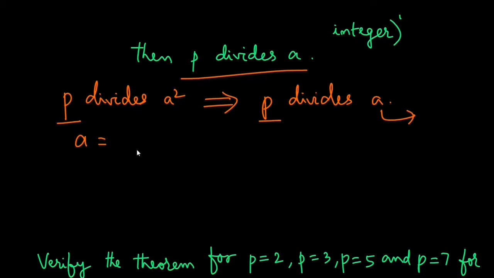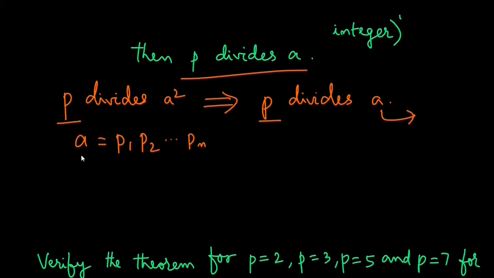When a is any positive integer, by the fundamental theorem of arithmetic, it can be written as a product of prime numbers. Let us say the prime factors for a are p1, p2, etc. pn. a is either a composite number or a prime number.